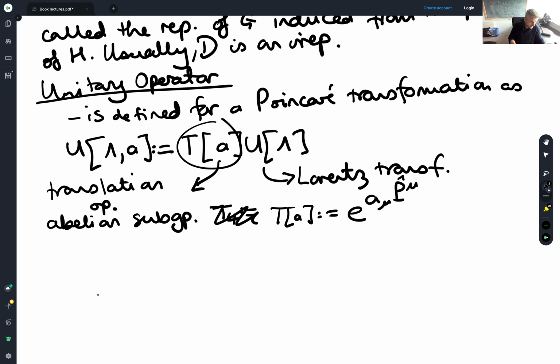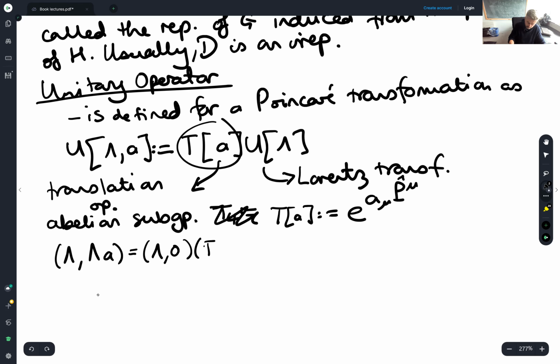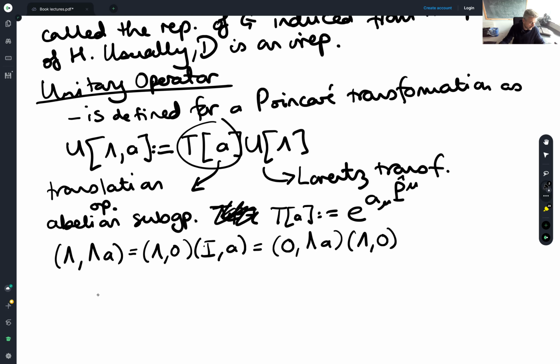So you should notice that the Poincare element corresponding to this is just the composition of two Poincare elements like that. But we can also write this as a different product. If you use the rule for the composition of Poincare operators, you'll see that that is true.